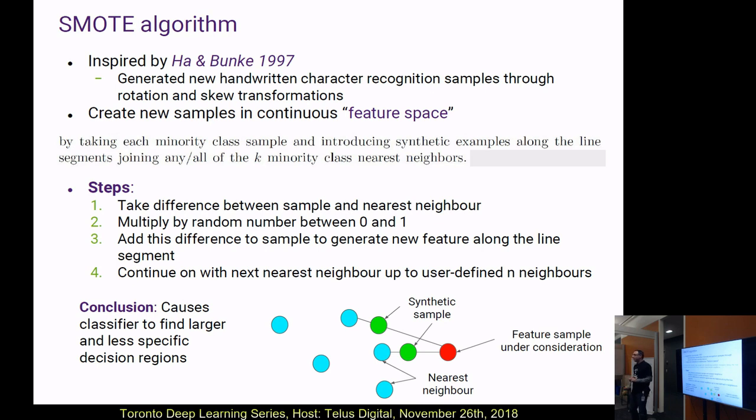How can you verify or test that the new synthetic sample has the same distribution as the original feature sample? So the question was, how can you test whether the new synthetic data has the same distribution as the original? I believe there's probably lots of ways of dealing with that.